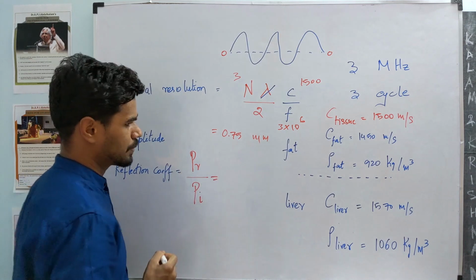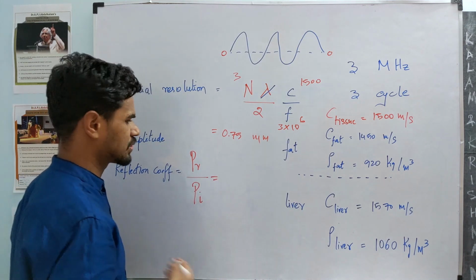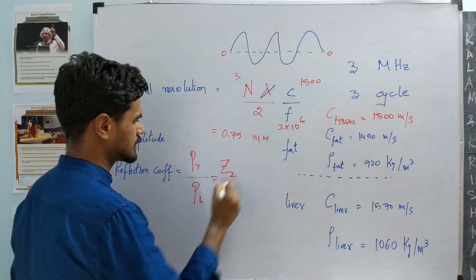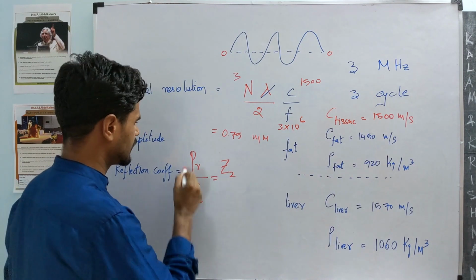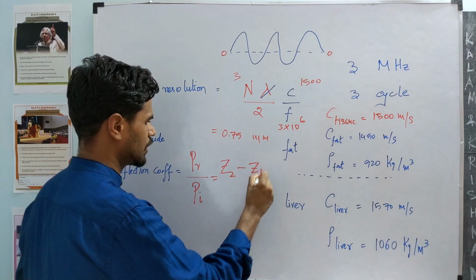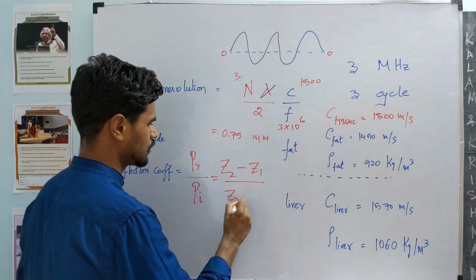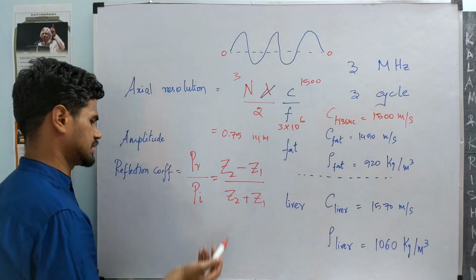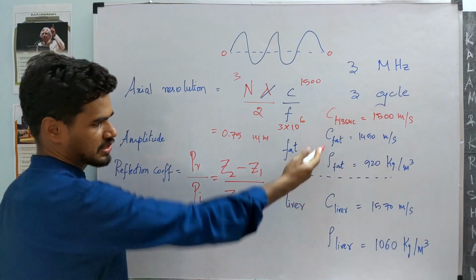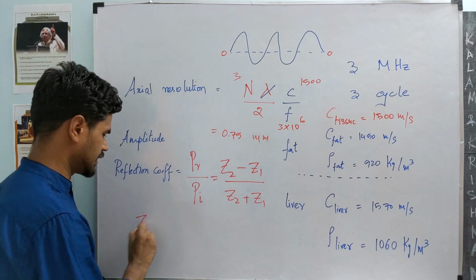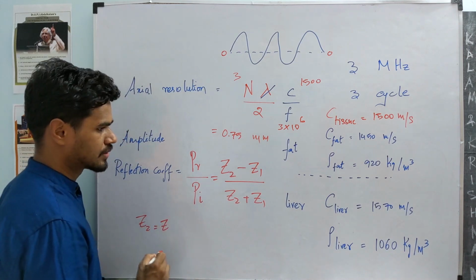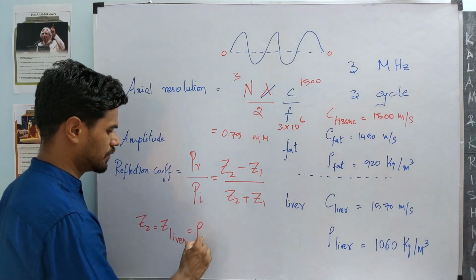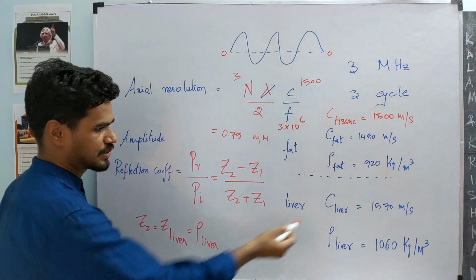This ratio depends on the impedances of these two tissues, and the exact form is Z2 minus Z1 over Z2 plus Z1, where Z is the impedance of each of these tissues.